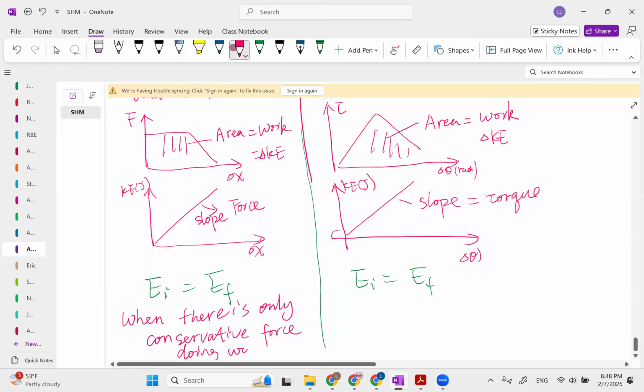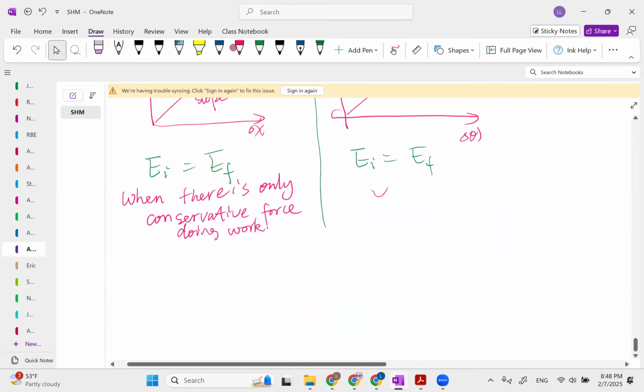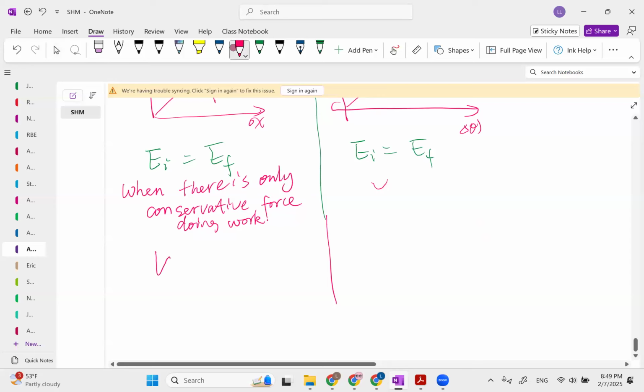You got it? Because when you are talking about gravitational force, it is also an external force, right? Gravitational force. Good? So this condition is the same. And then what happens when you have non-conservative force doing work?